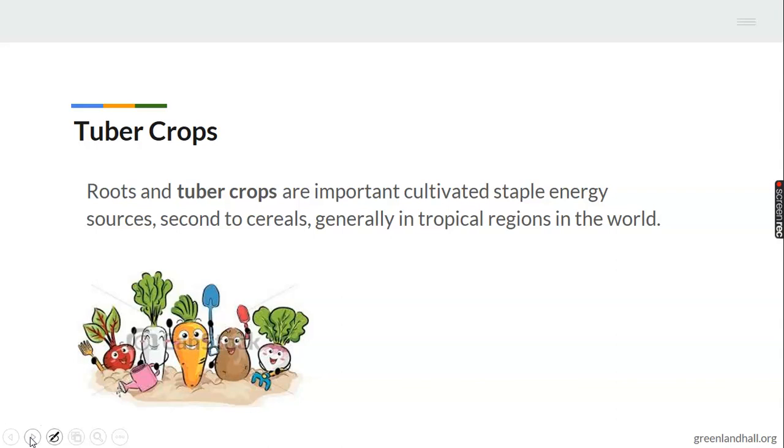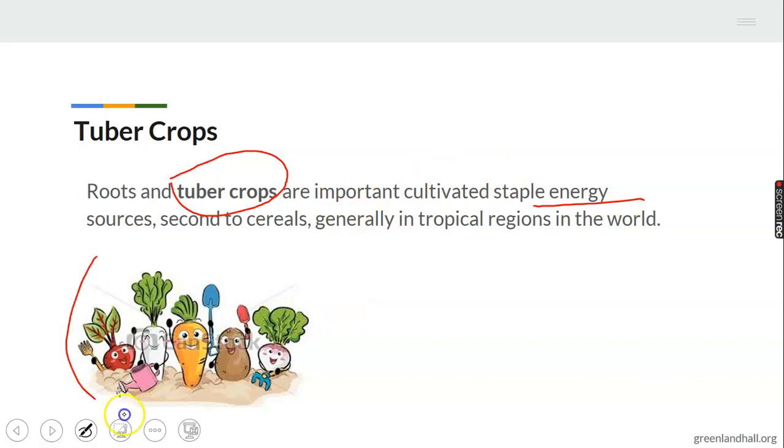Generally in tropical regions, when you hear tuber, what comes to mind is yam, I know. Yam, potato, Irish potato, you understand? Okay. So they are very important and they give a lot of energy. They are essential in that particular area. So here we have a family of tuber.